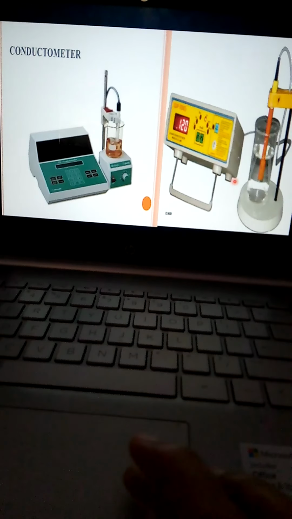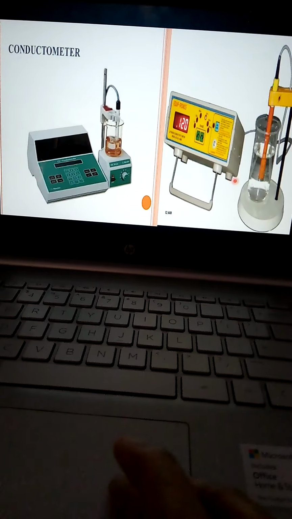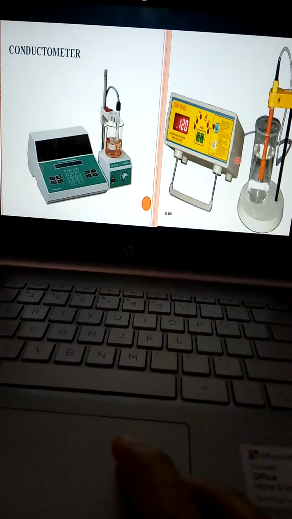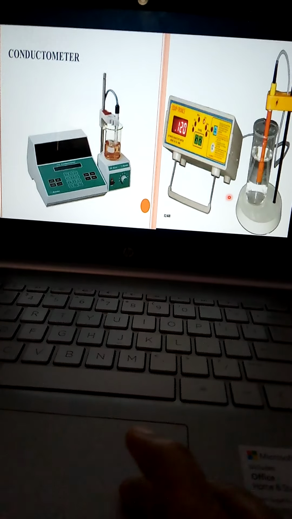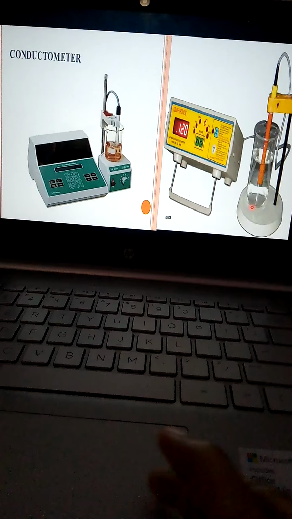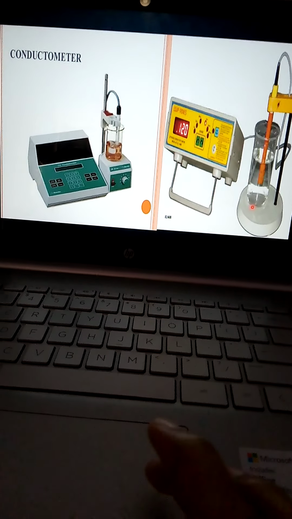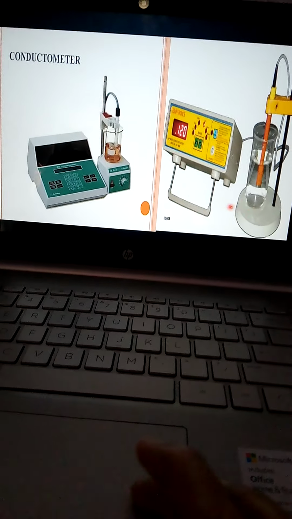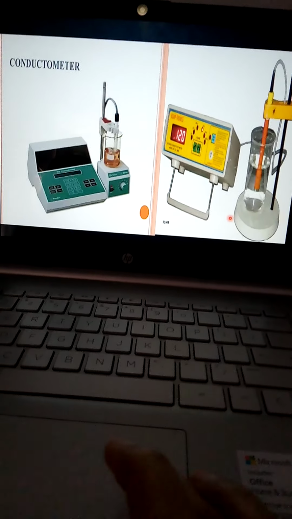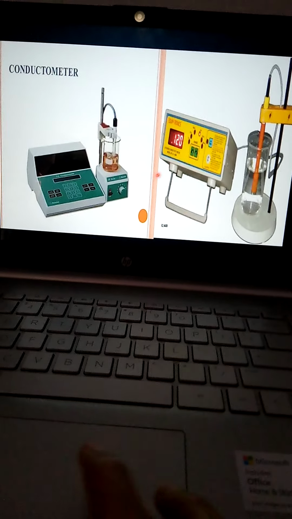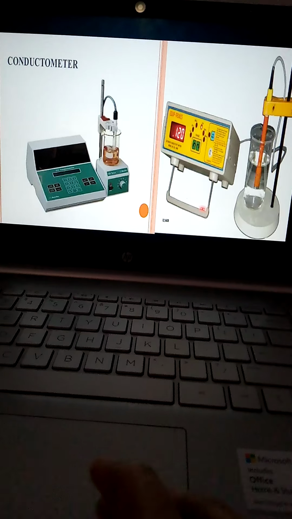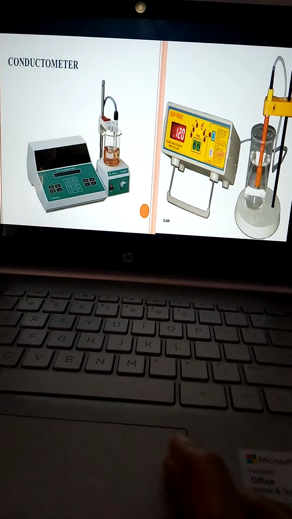You must observe an increase in conductance of the solution. If an increase in conductance is observed while recording, that gives the end point of the solution. This is all about the experimental part of conductometric titration.